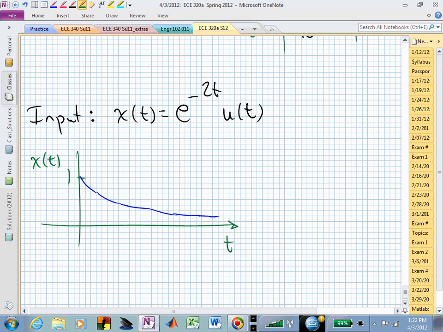This is just a decaying exponential. And that blue line looks like an e to the minus 2t. What's the time constant for this input waveform?